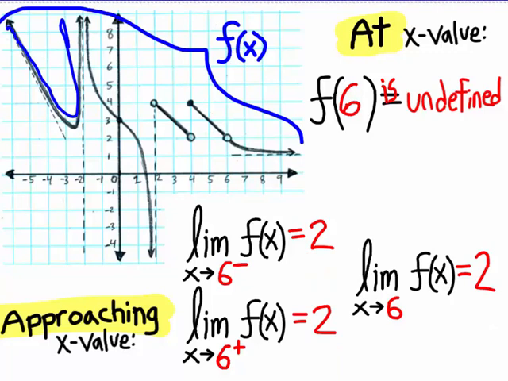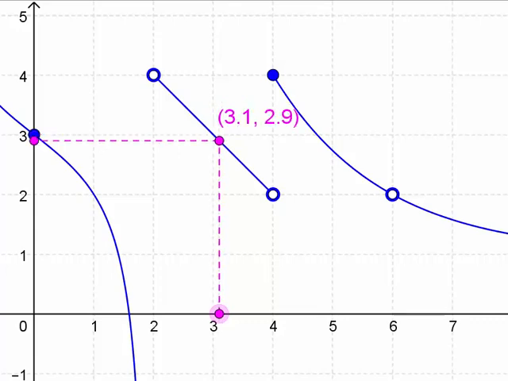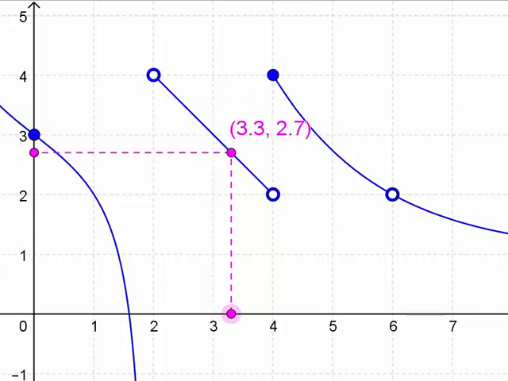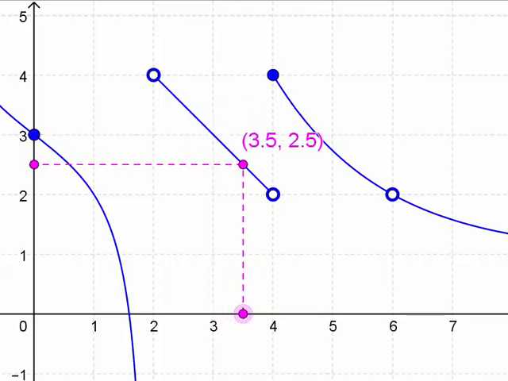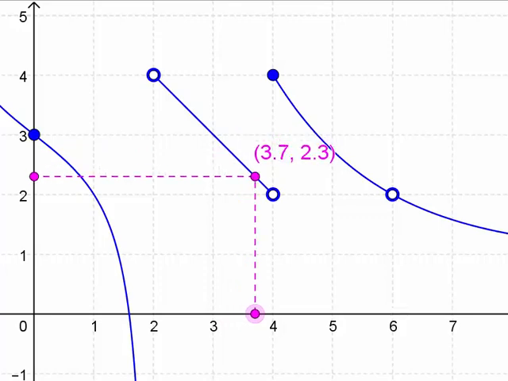Let's now turn our attention to the vicinity of x equals 4. Back in GeoGebra, this time if I start at an x value of 3 and start approaching x equals 4 from the left, I see that the x value is 3.5, 3.6, 3.7. It's approaching 4 from the left.